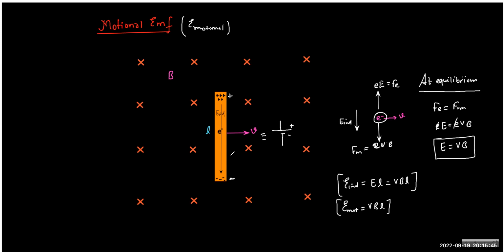So this rod, which is translating in the field, we can replace by a cell of EMF value BVL. And the moment we do so, it is pretty easy for us to draw a circuit in which we can apply the rules of circuits as we have studied in current electricity. I hope this is clear.